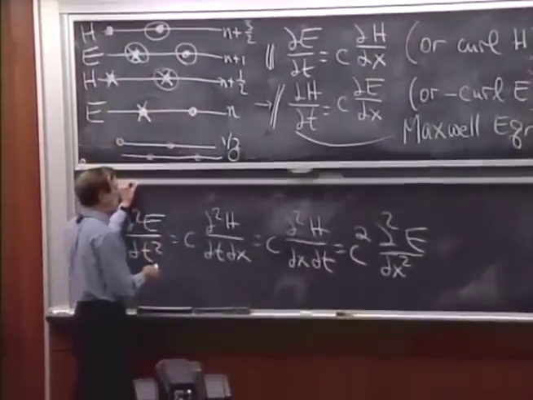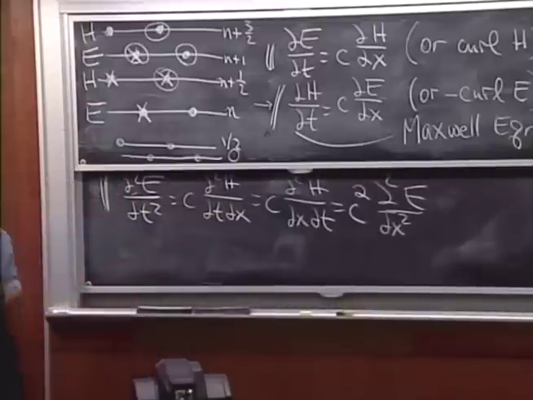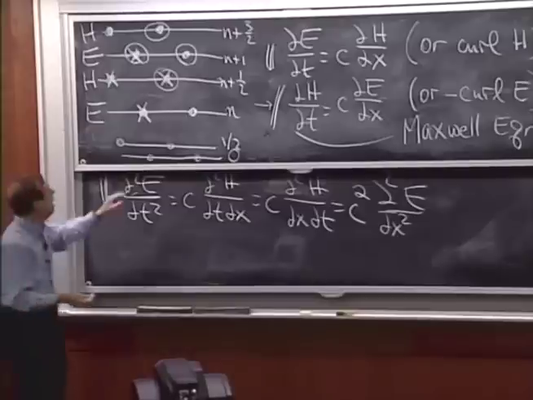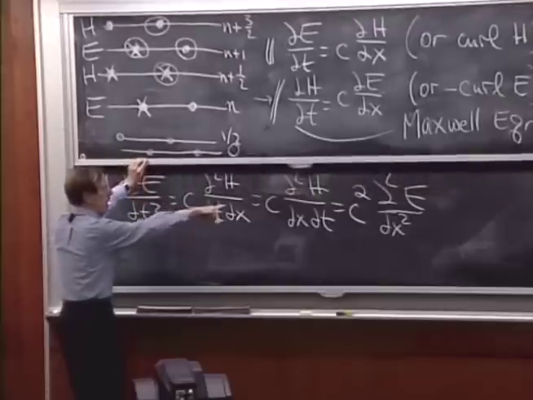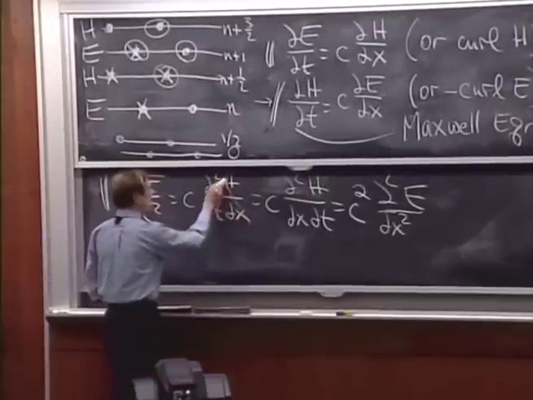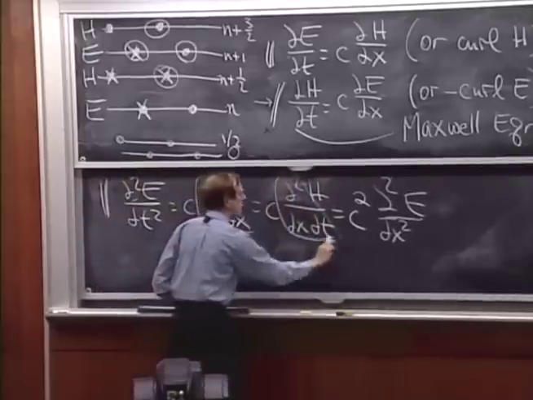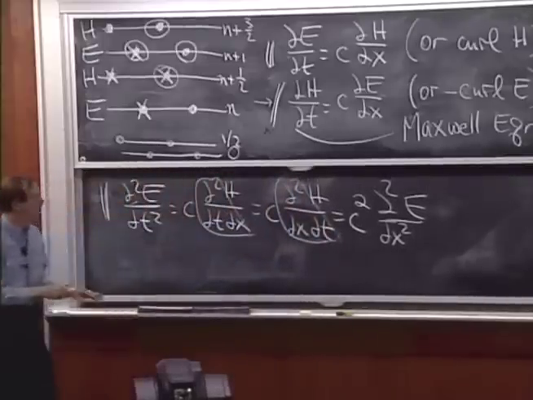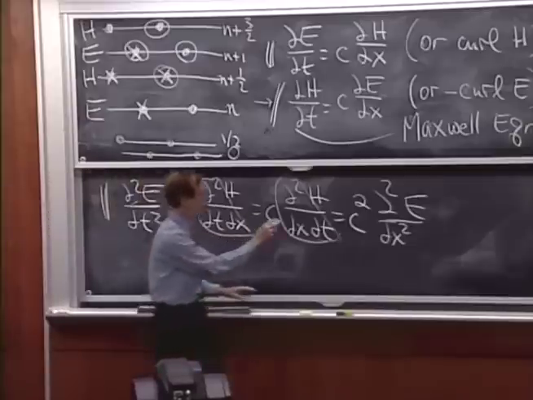Could I do this for the difference equation? I just want to see that if I eliminate H, so you saw what happened there. By using the identity that the second derivative in t and x is always the same as the second derivative in x and t, I eliminated H and got an equation that involved E only.